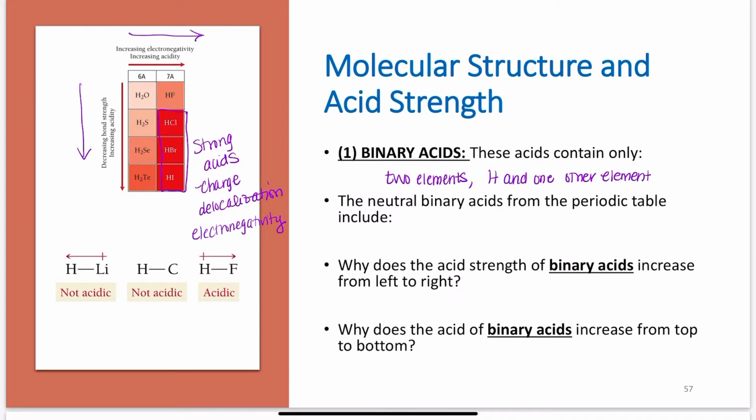The neutral binary acids from the table include CH4, NH3, and PH3, H2O, H2S, H2Se, and H2Te, and I apologize, I'm starting this on a whiteboard, HF, HCl, HBr, and HI. As we go across and down, we increase strength.